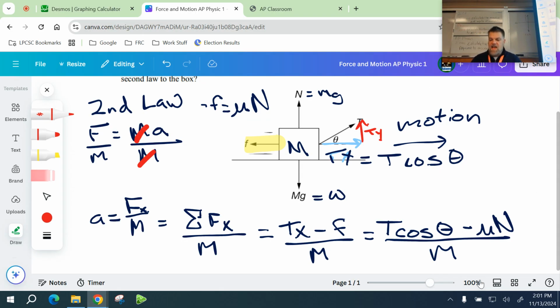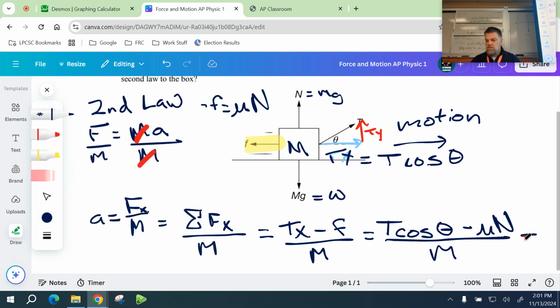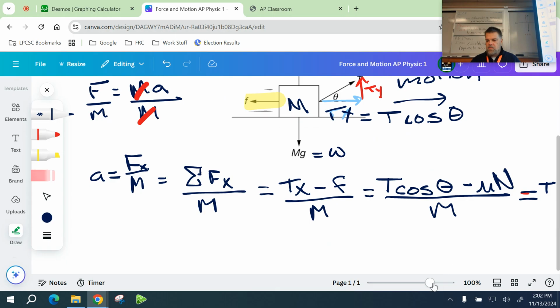So on the next line, we're almost there, guys. We're not that far. We're almost done. We got like one more line. So when we go to think about the normal force, basically this part is the same. Oh, I think I ran out of room here.